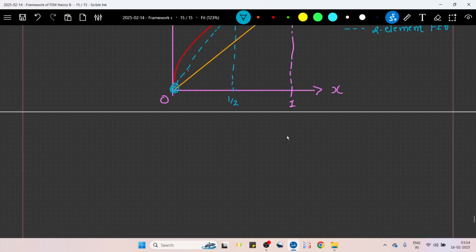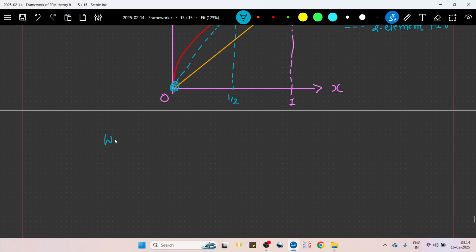That means we get the nodal solution as the exact solution, or analytical solution. But if you see in between, since it is linearly interpolated, we also assume that the solution is a linear interpolation from the nodes.